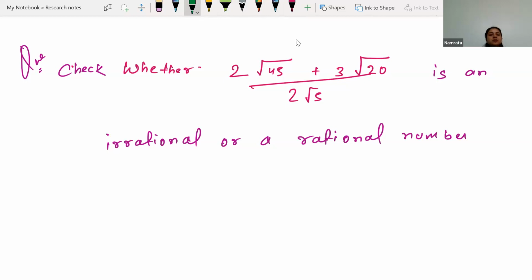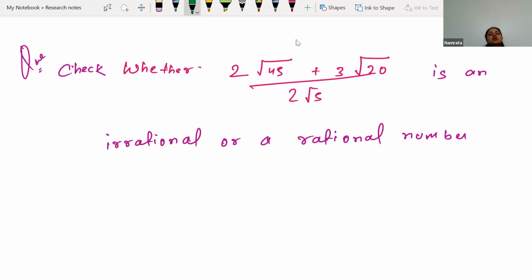So a rational number is a number which will be in the form of p by q, right? Where p and q are integers and q must not be zero.